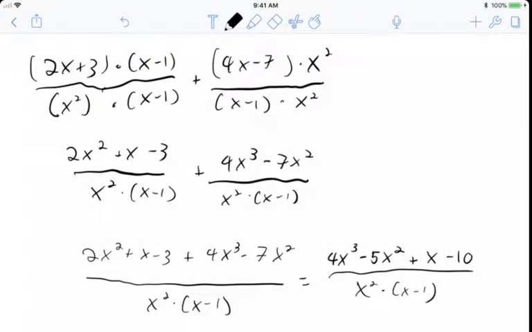Two x squared plus 3x minus 2x minus 3, plus 4x squared minus 7x squared. So that becomes 4x cubed minus 5x squared plus x minus 10.